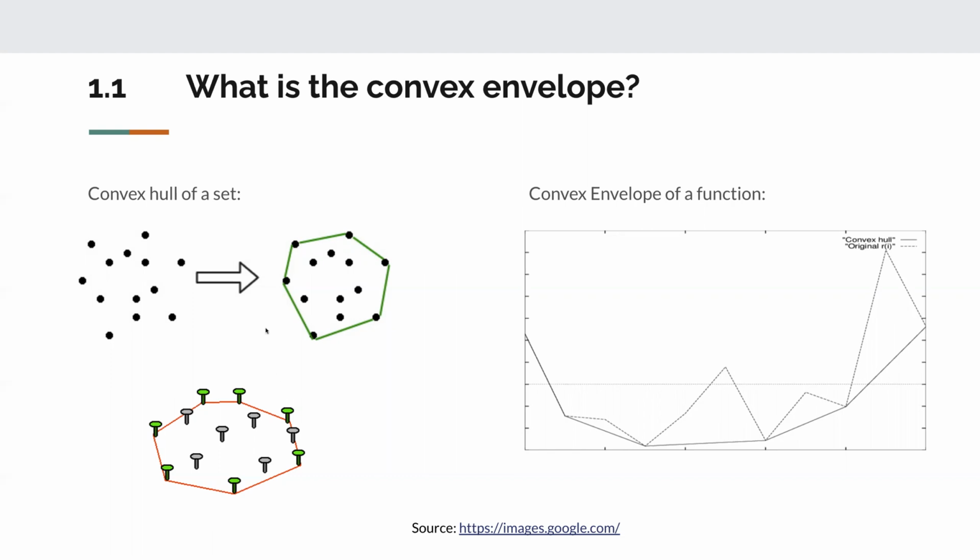So that's the convex hull of a set, and the convex envelope of a function can be shown as follows. If you're given this piecewise function, the convex envelope of that function is basically this. It's the greatest convex function which is upper bounded by the function f.